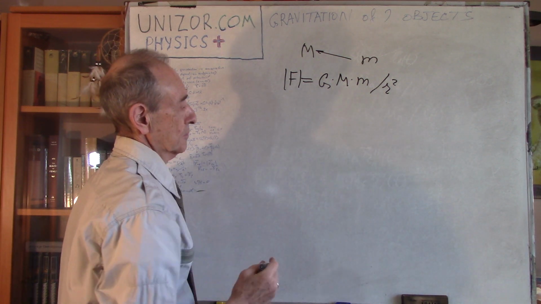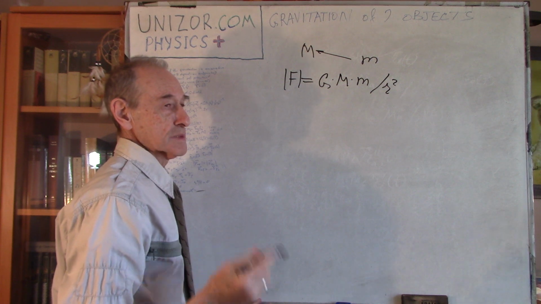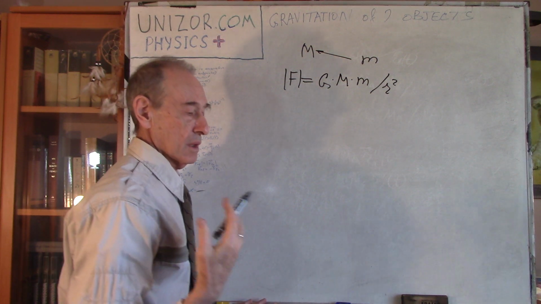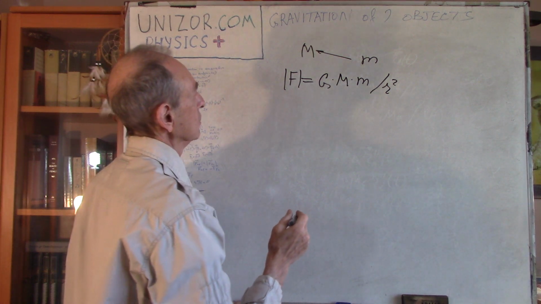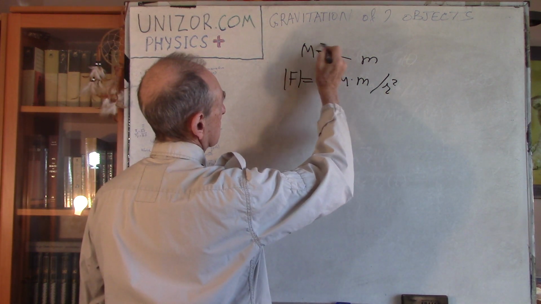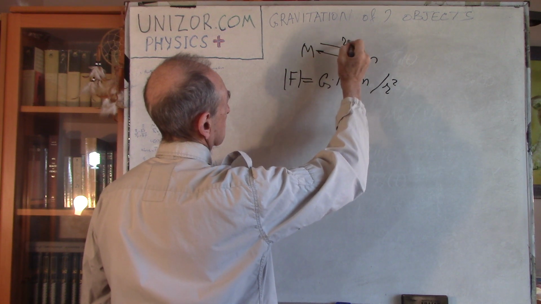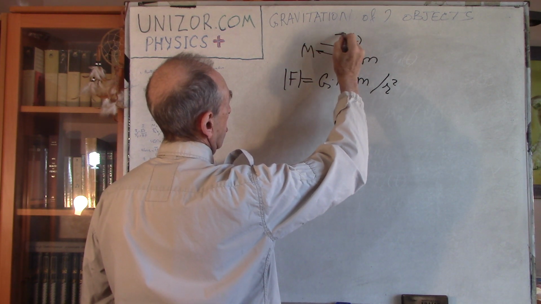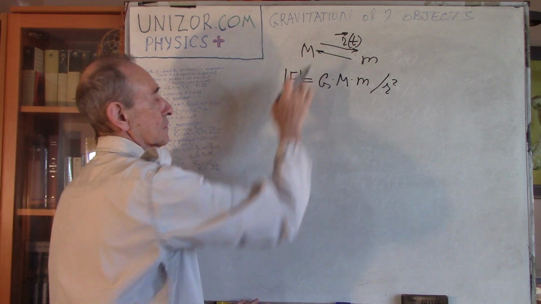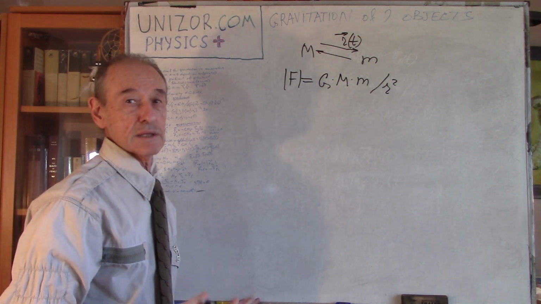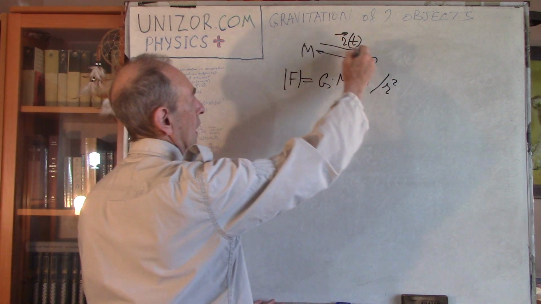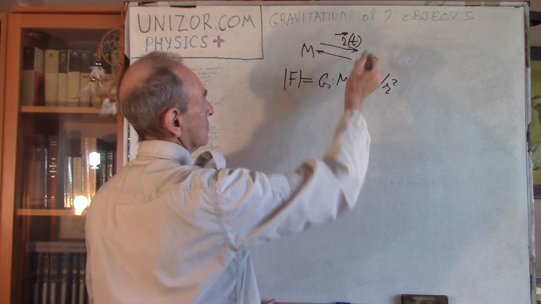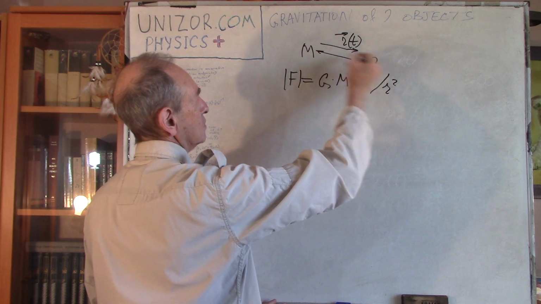This is its magnitude. I would like to express it in a vector form, and here is how we can do it. Let's say this is the vector of position. If our fixed point is the center of the coordinate system, then r depends on time, because this object will be moving back and forth.